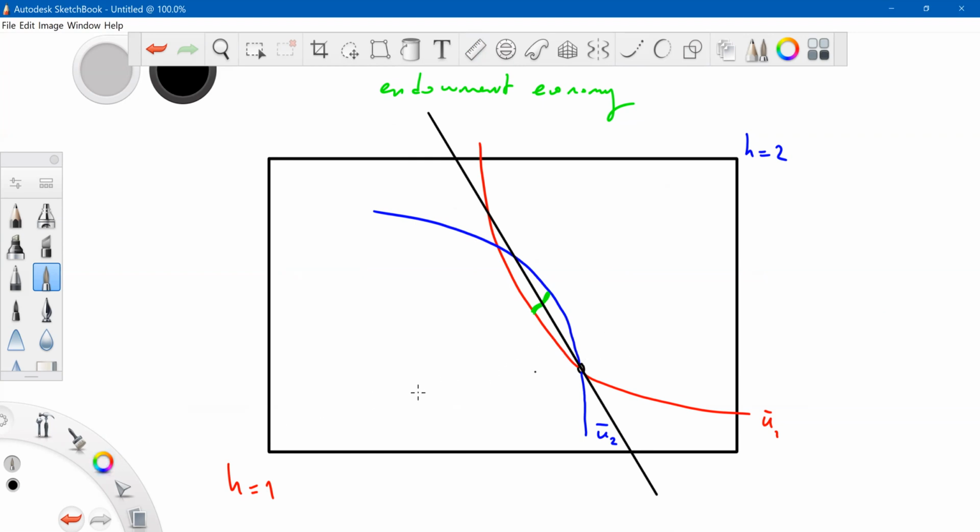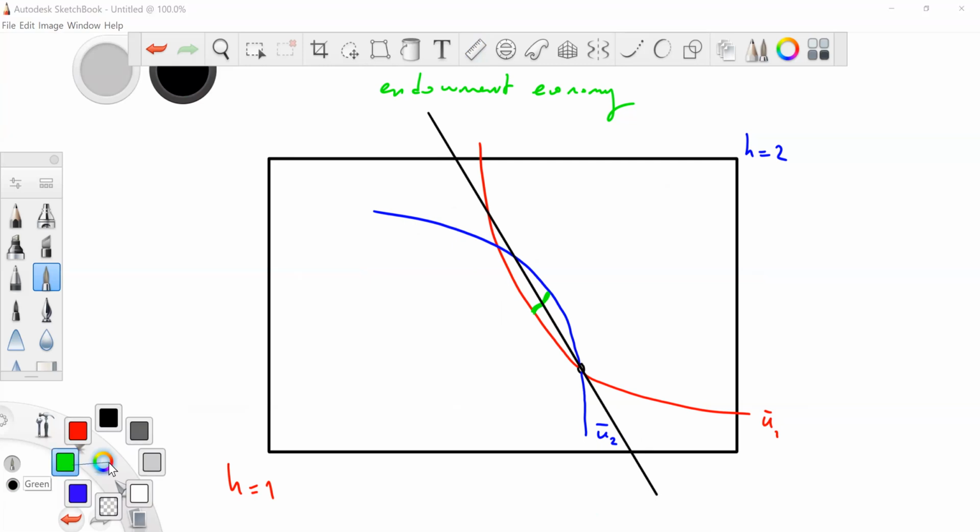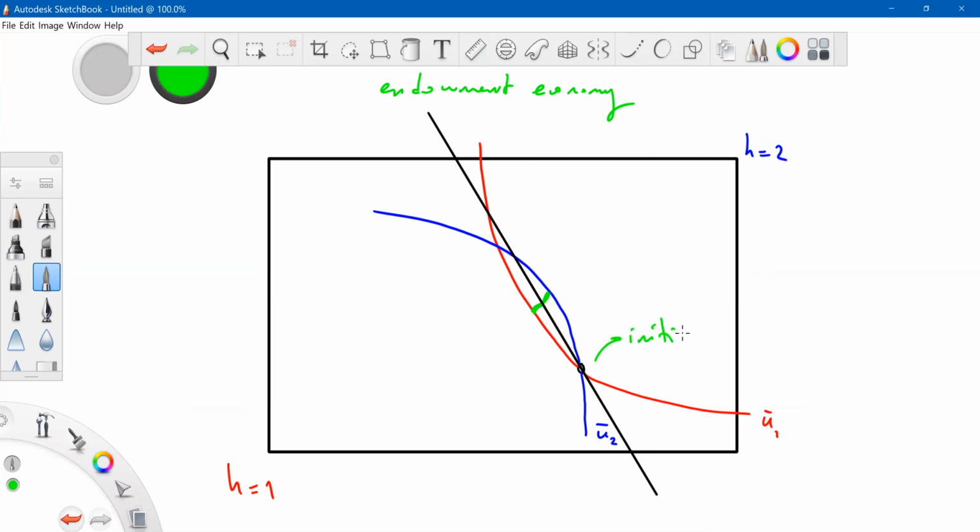Here, this is the initial endowment, because you should remember, they're gonna sell, right? Their income is P1 E11, let's say, plus P2 E21, right? So this is the income of the first consumer, for instance, right? So the equilibrium price vector should intersect with that, but in the meantime, it should be on the core.